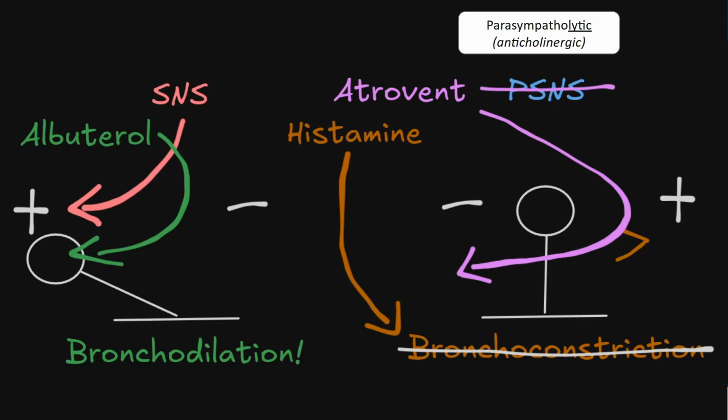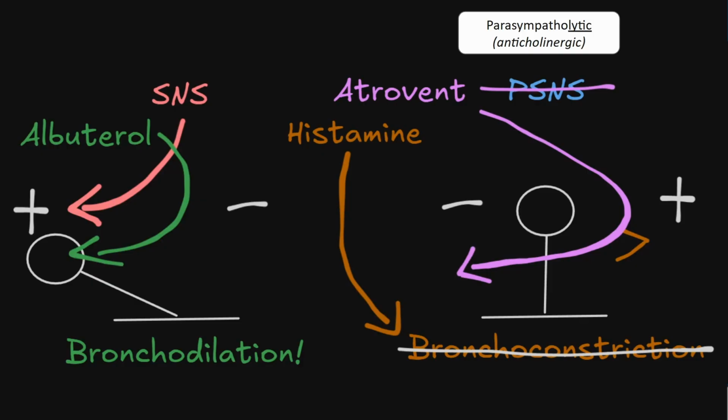Since I already have a circulating cholinergic causing constriction, this histamine is making me have a bronchospasm and mucus is building up. Now, I give albuterol because it works on the sympathetic nervous system profoundly and powerfully, but I also give Atrovent, which is doing nothing for the sympathetic nervous system. It's just stopping the already existing parasympathetic hormone.